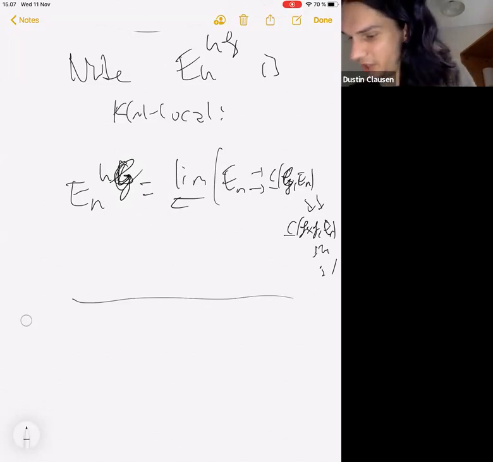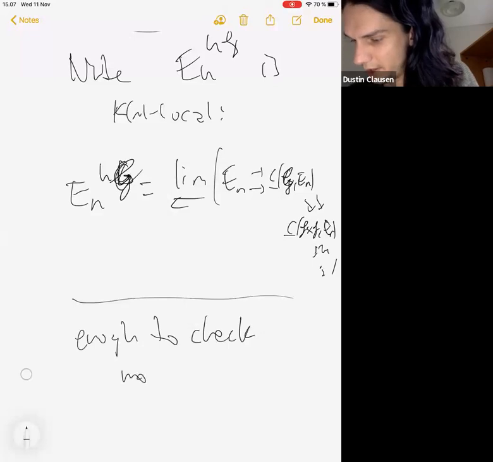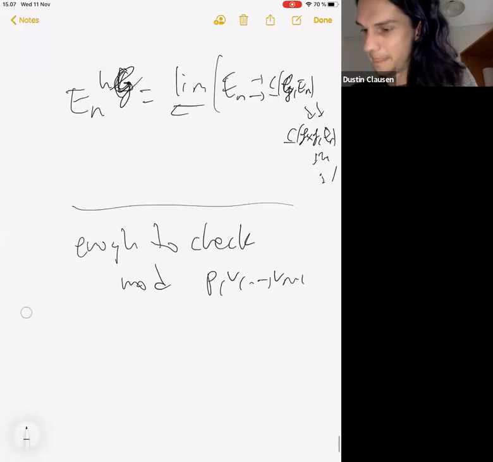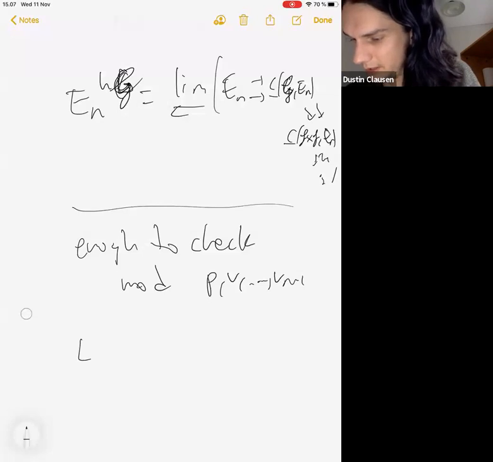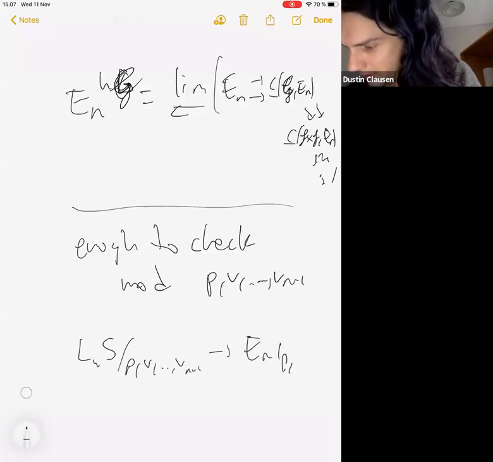Right, so then it's enough to check mod p, v1, ..., v_{n-1}. So then we have LnS mod p, v1, ..., v_{n-1} mapping to En mod p, v1, ..., v_{n-1} HG.